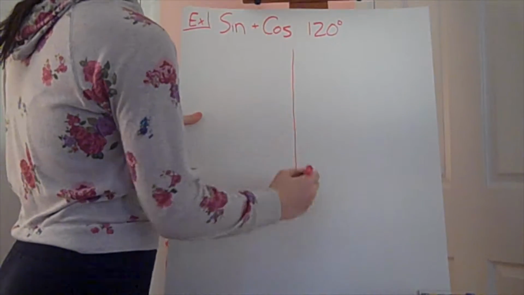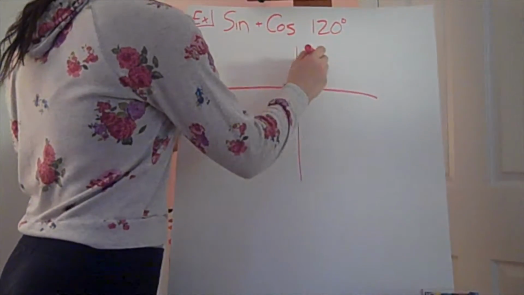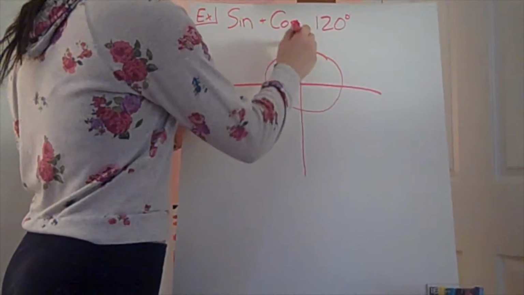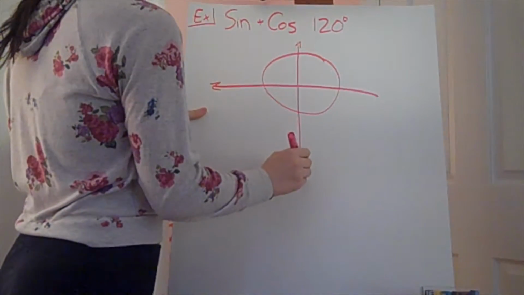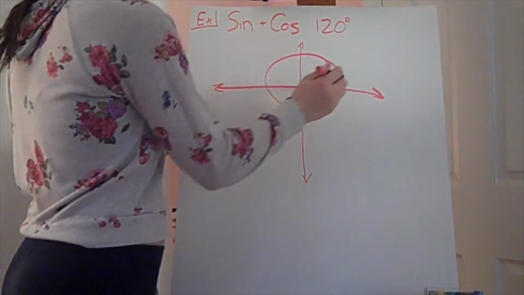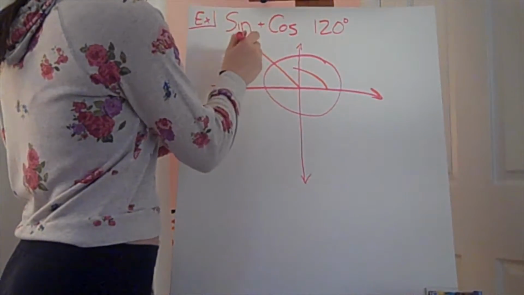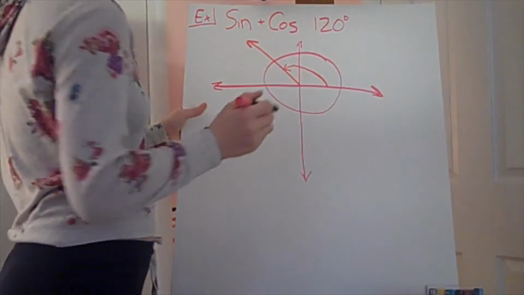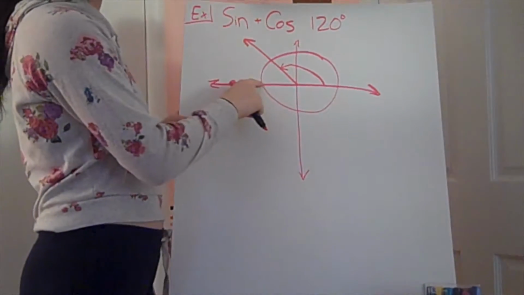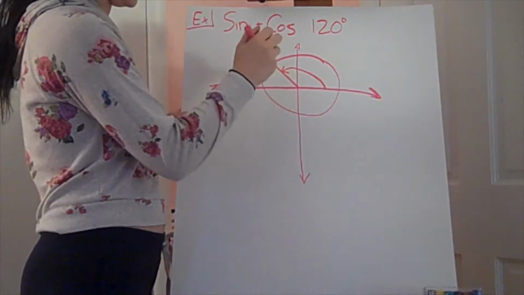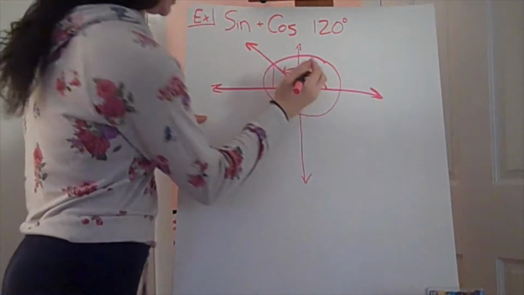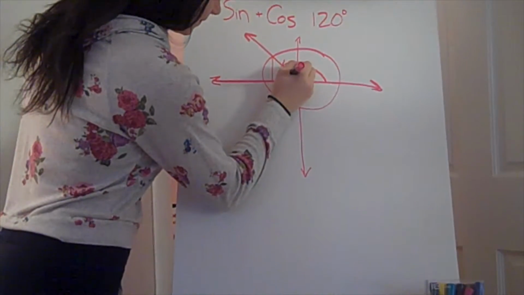So we're going to find the sine and cosine of 120 degrees. So we start by drawing in our unit circle. And we can draw in a 120-degree angle, so it'd be out here. And since we know over here is 180 degrees and we went 120, it's safe to say that this is 60 degrees.